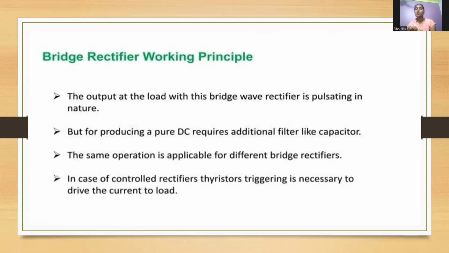The output at the load with this bridge rectifier is pulsing in nature, but producing pure DC requires an additional filter like a capacitor. The same operation is applicable for different bridge rectifiers. In the case of a controlled rectifier, thyristor triggering is necessary to drive the current to the load.